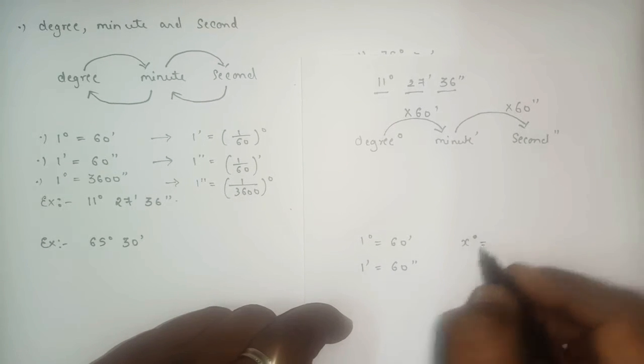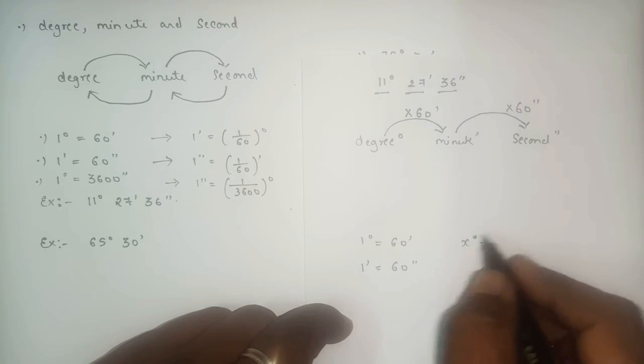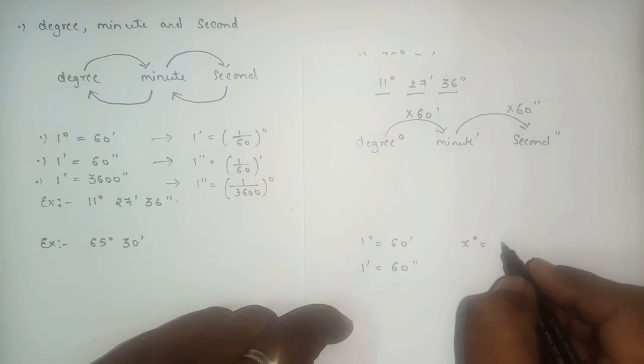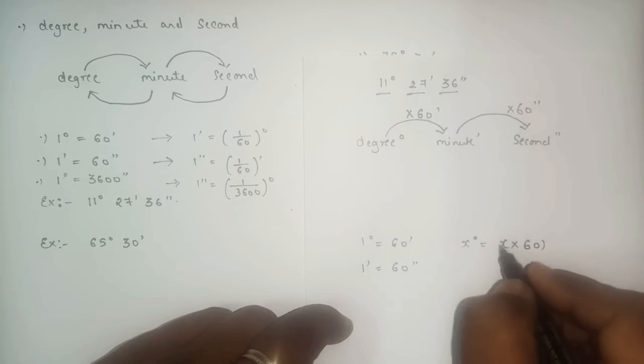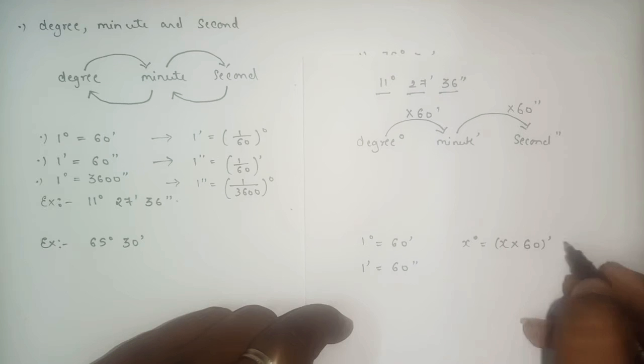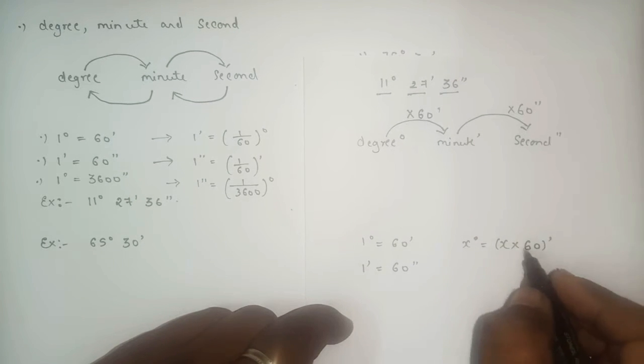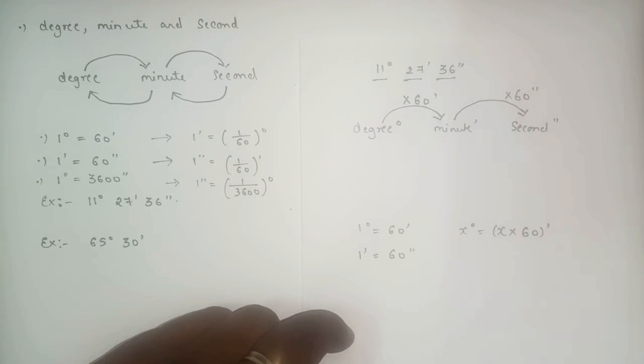For example, if you want to convert x degree into minute, simply multiply that term by 60, and this degree will get converted into minute.